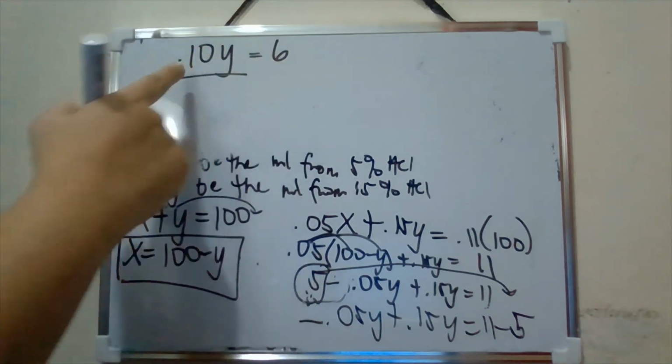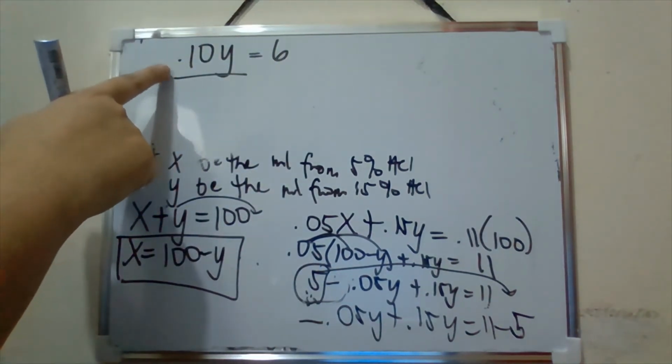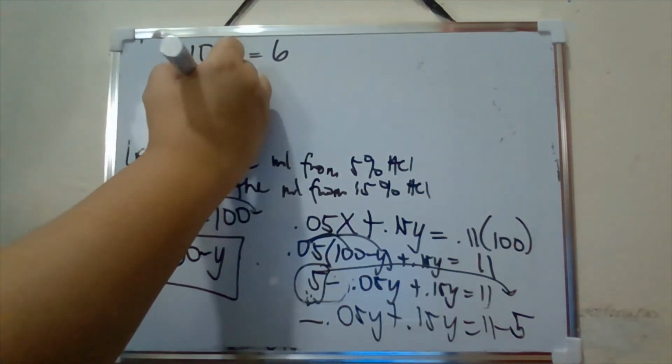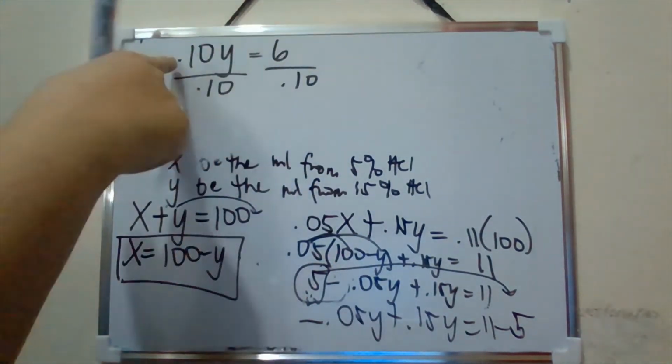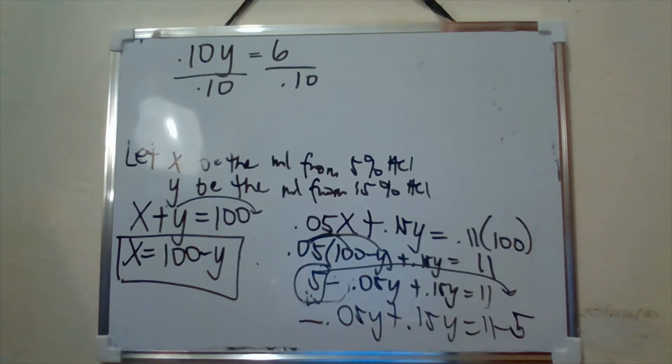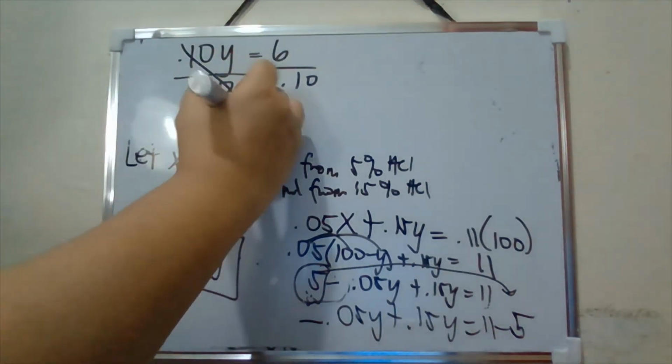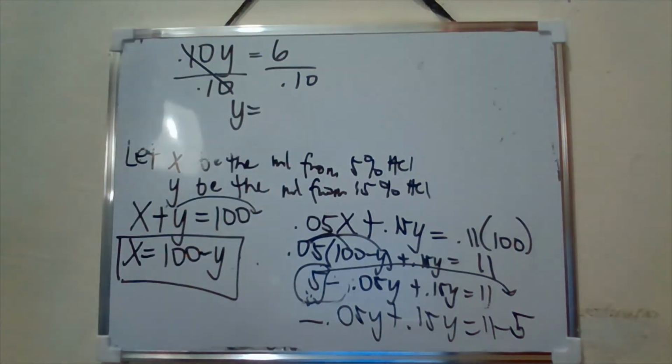We need to eliminate the coefficient of 0.10, so we divide both sides by 0.10. Then we have 6 divided by 0.10, and you get 60.